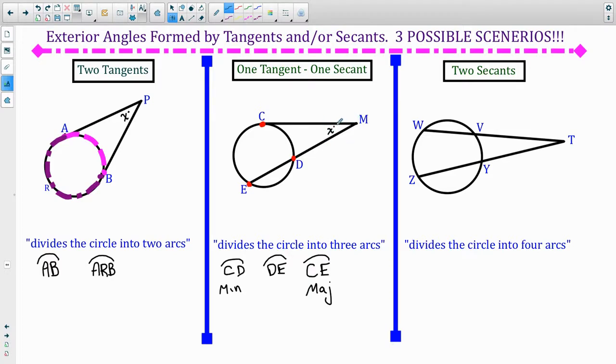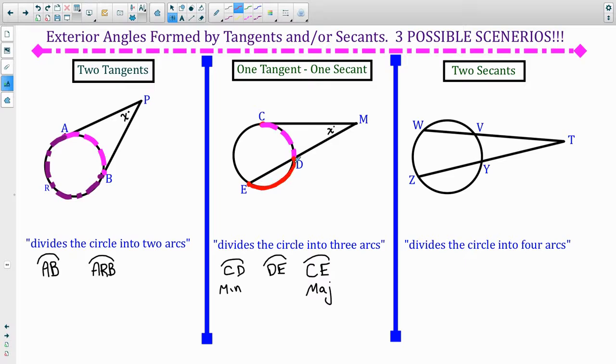So if we were just to look at this angle getting wider and wider, the first place that it touches the circle is at C and D. So this is the minor arc because it's the smaller arc closest to the angle, still inside the angle. Now we also have this other arc right here, arc DE, which might be important for something else, but that arc is not inside our angle.